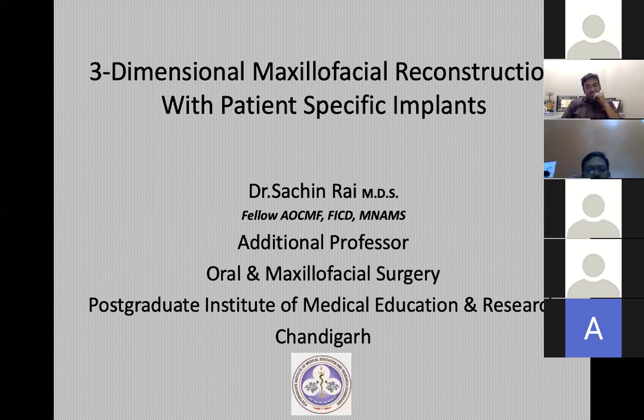But because of the increased demand and expertise, the prices are coming down, and the infrastructure across the country is building up. A lot of technical institutes, including IITs or private colleges, are getting 3D printers, and they are collaborating with various maxillofacial or plastic units to build up PSI.